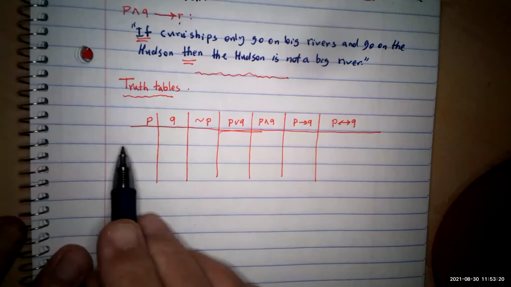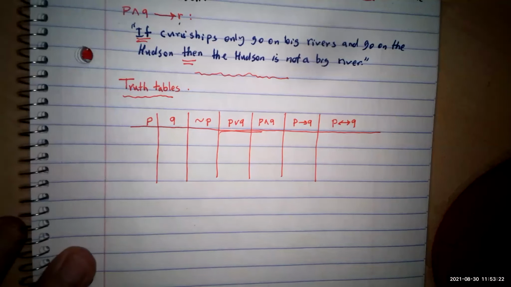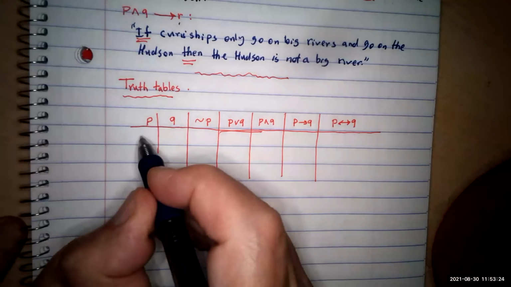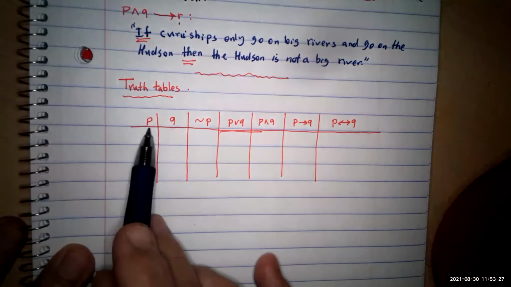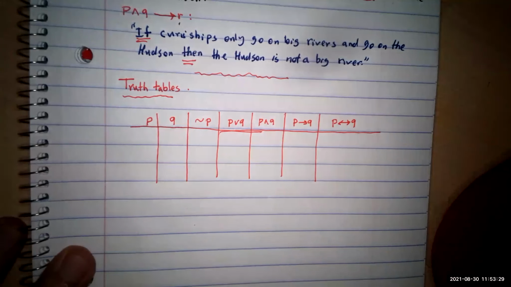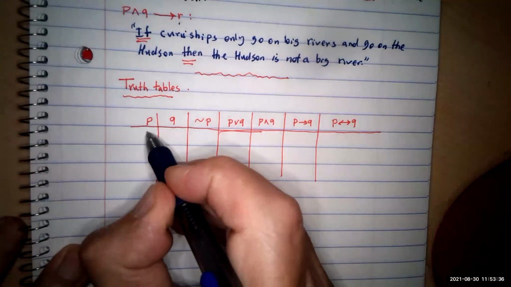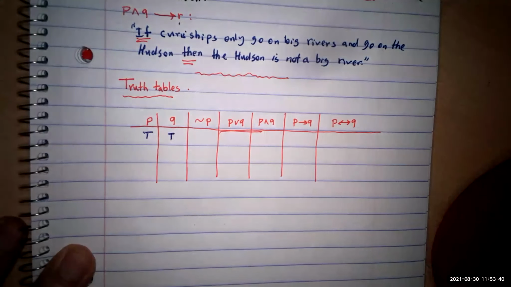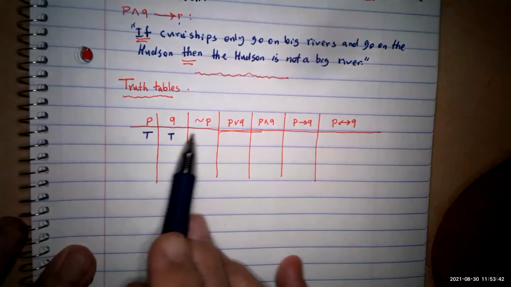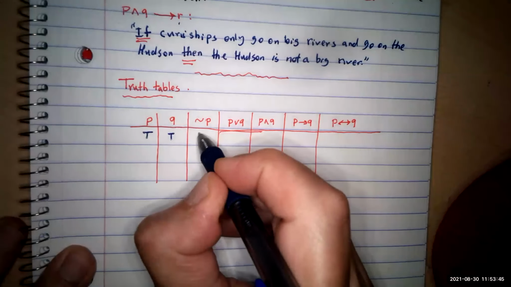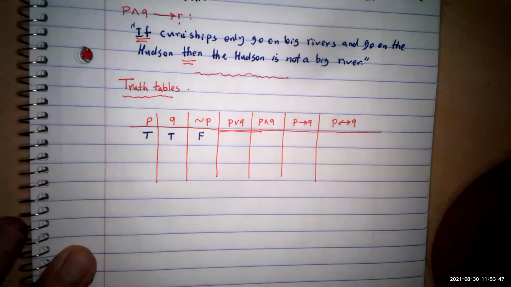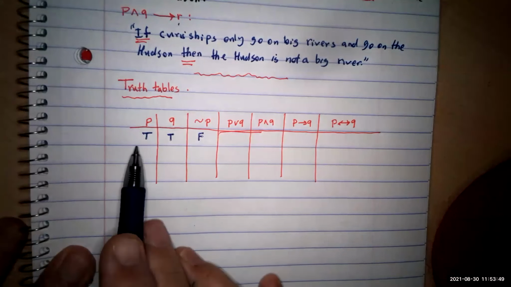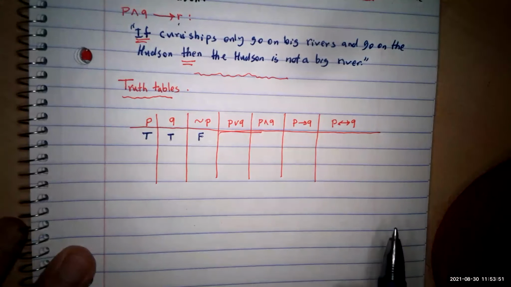Let's see. We're going to consider different cases. Suppose you know that each of these atomic propositions can be true or false. So we are going to consider what would happen to this result. Suppose P is true and the Q is true. If P is true, then not P would be false. Negation. You see, that's one. So if a proposition is true, the negation of that proposition would be false.